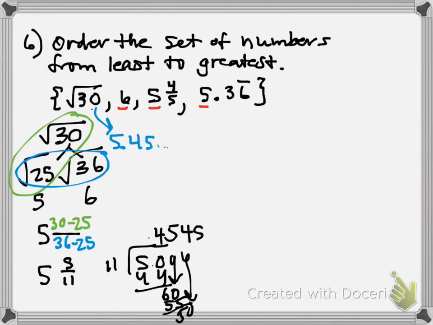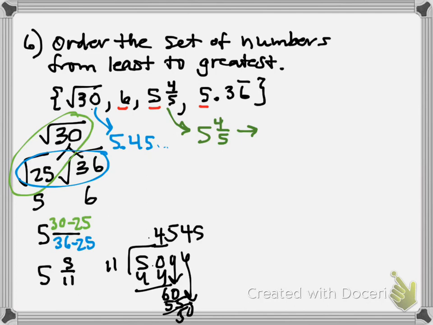Okay, next number that needs to get taken care of is this guy. How would I rewrite 5 4/5 as a decimal? We talked about how to convert fractions to decimals, Donnie.